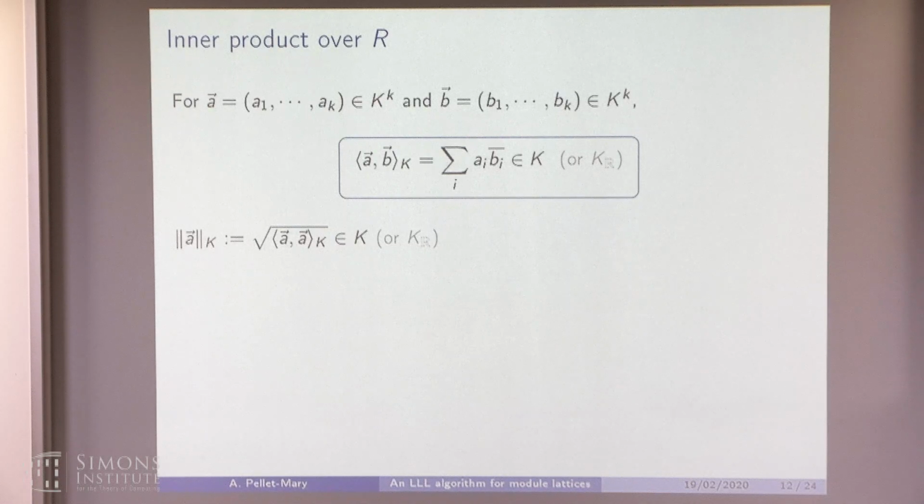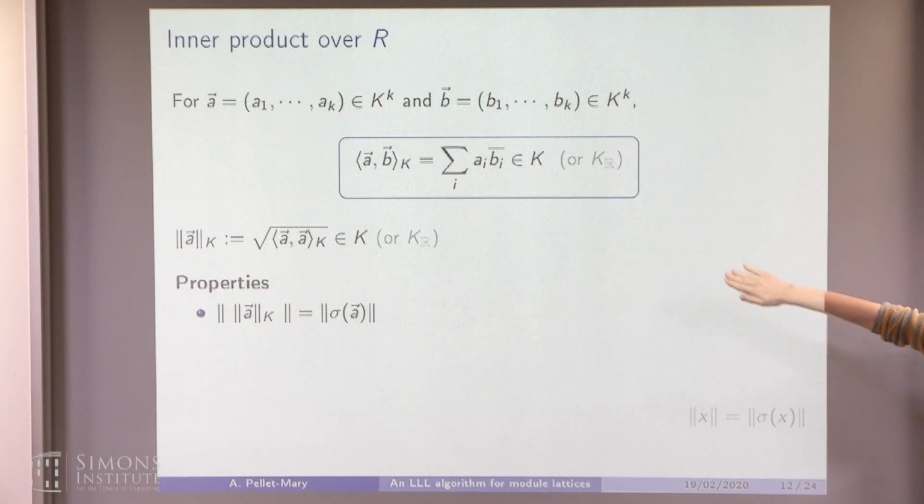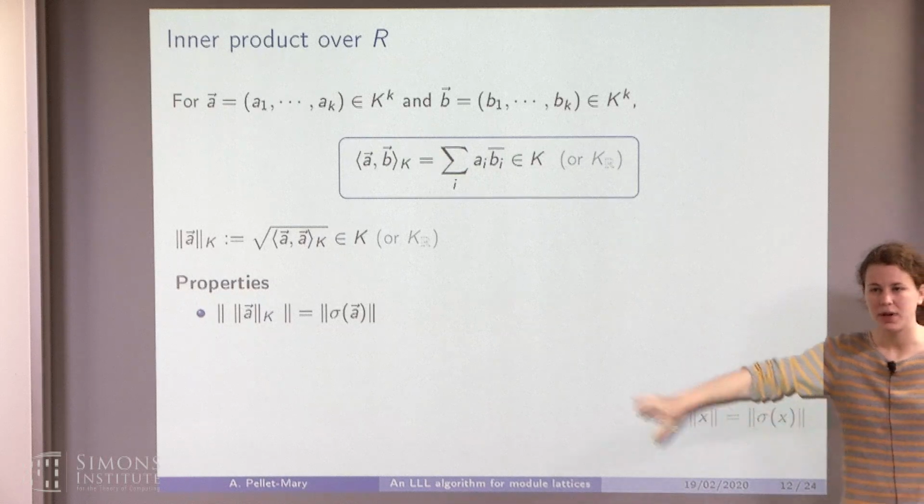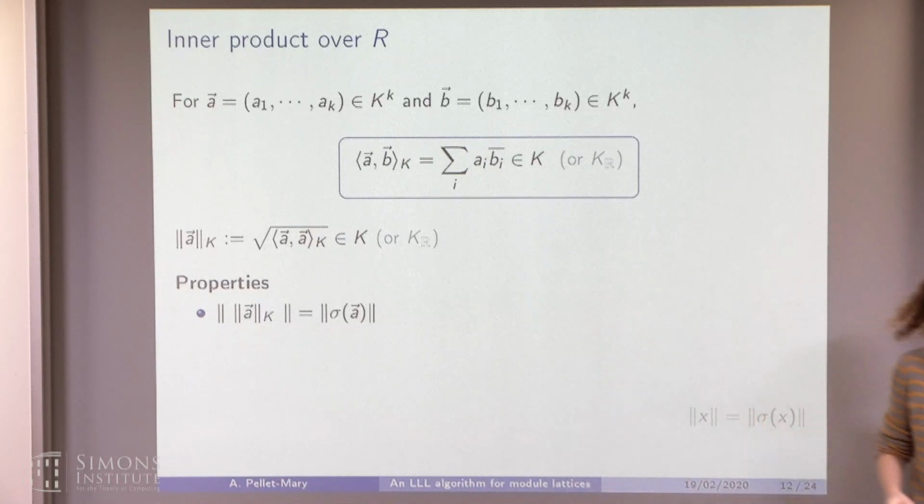So this gives me a way to go from a vector of elements in K to only one element in K. And I can use what I defined as small for an element in K. Either I take the Euclidean norm of this quantity, which gives me the Euclidean norm of A when I expand it as a very big vector.